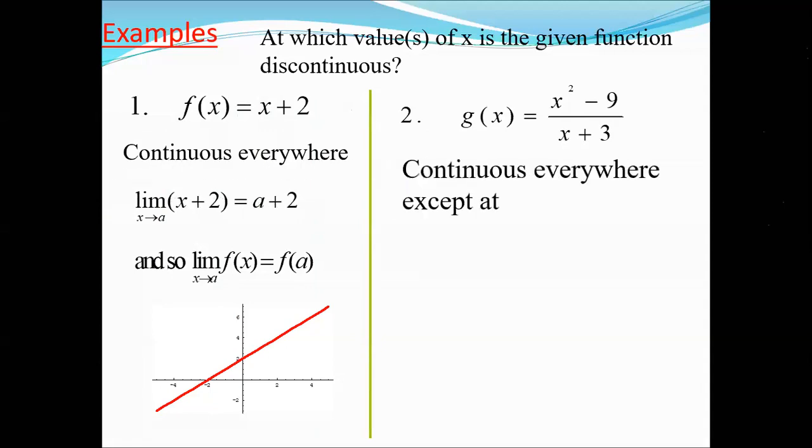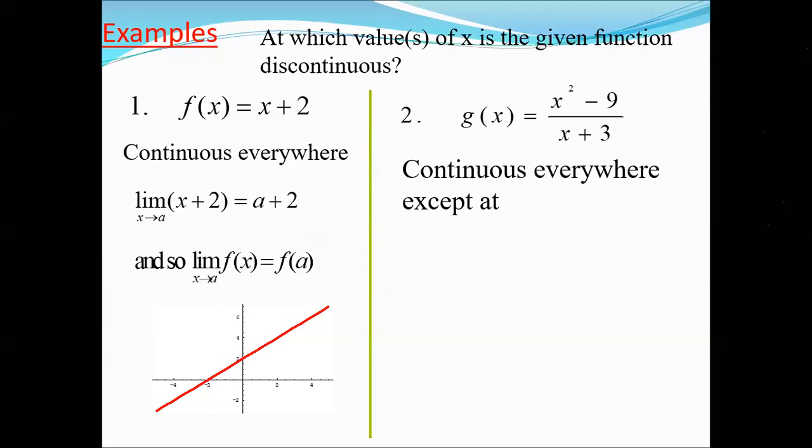So that is a continuous function. Now again this function is continuous everywhere, because the numerator is continuous, because x square is continuous, so x square minus 9 is continuous. x plus 3 is continuous, that is x is continuous, so x plus 3 is continuous. But at x equal to minus 3, the denominator is 0 as well as the numerator is 0.